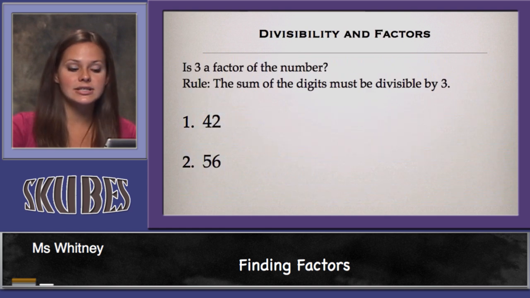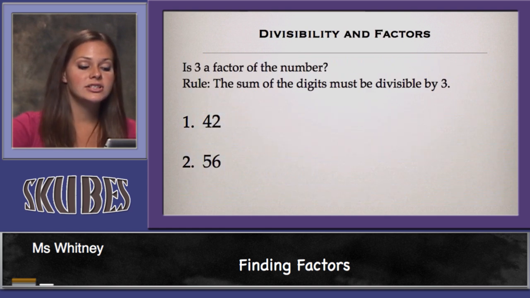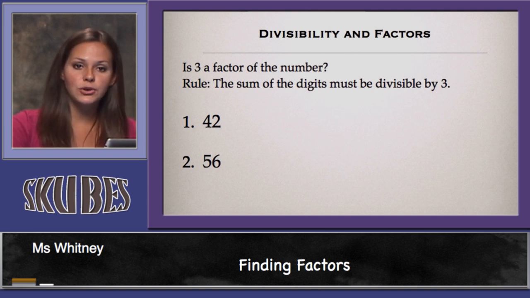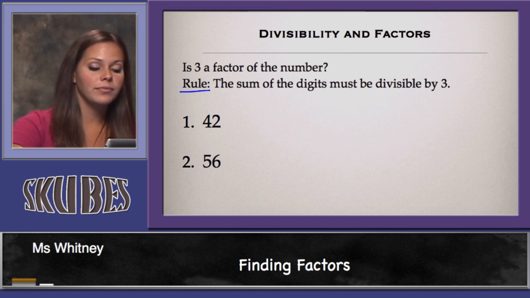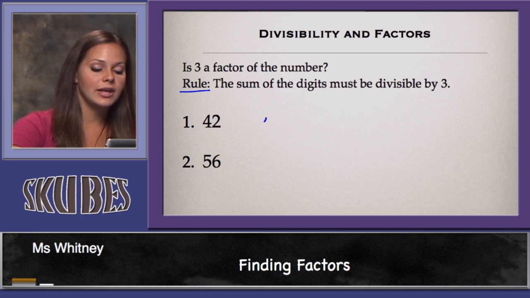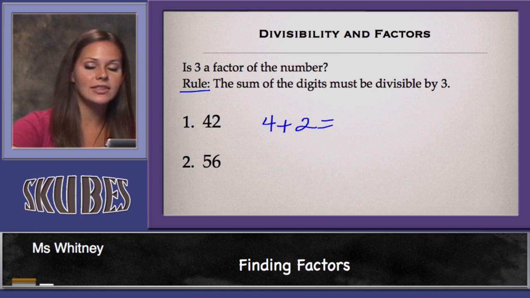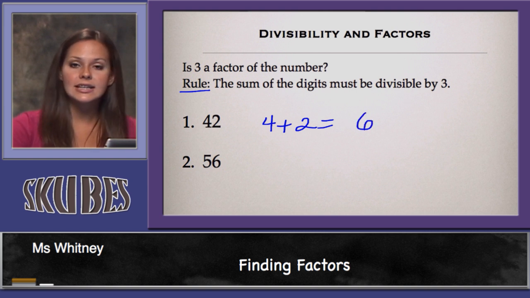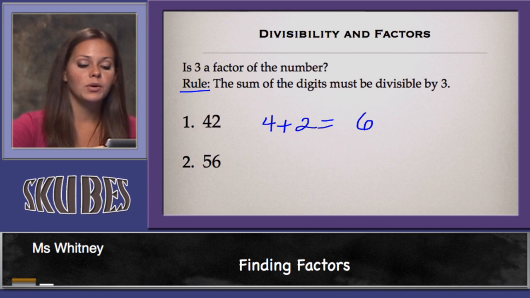Let's use the divisibility rule for 3 to determine if 3 is a factor of each of these numbers. First, let's look at the number 42. Remember our rule. The sum of the digits must be divisible by 3. So we have the digit 4 and the digit 2. When we add these two digits together, we get 6. Is 6 divisible by 3? Well, I know that 6 divided by 3 equals 2.